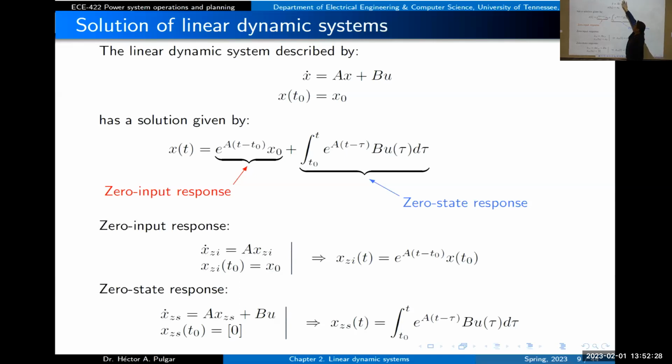So if this is zero, what point is that one in time? It's a point where the derivative of the state variable is zero. It doesn't change in time. So when you don't have input and the derivative is zero, what we're going to find out is that the equilibrium point is the origin, when x for all the state variables is equal to zero.